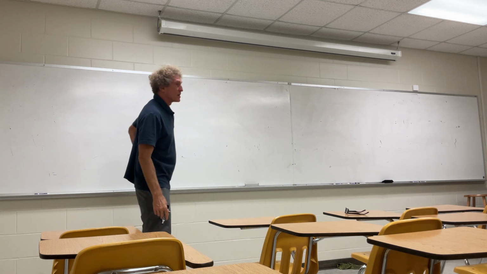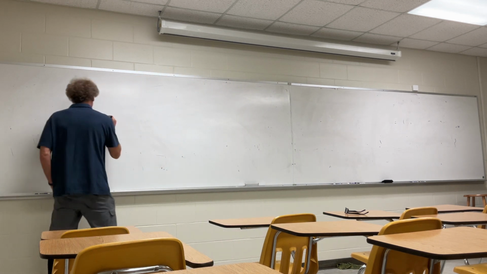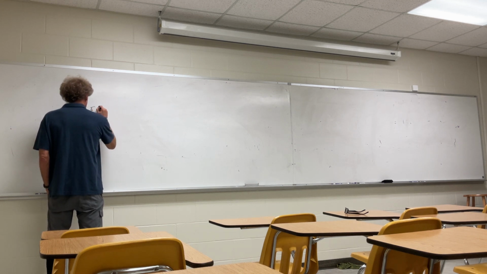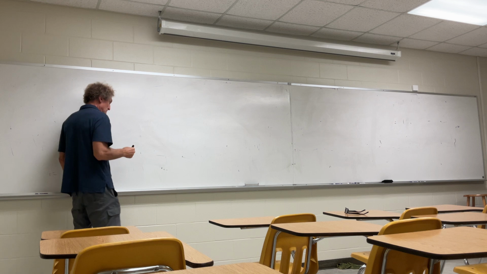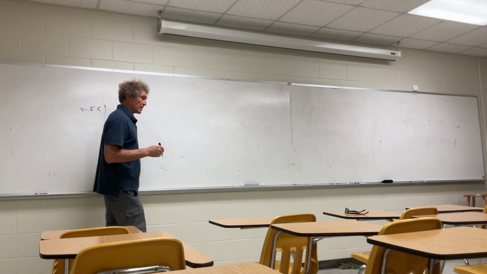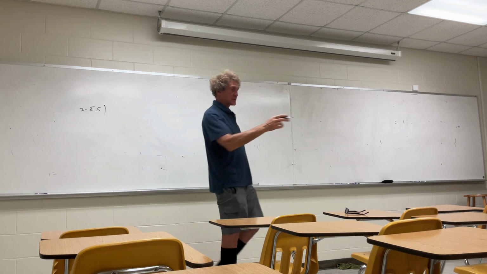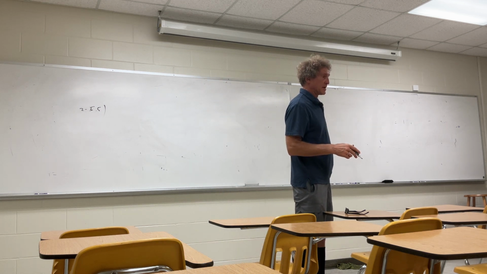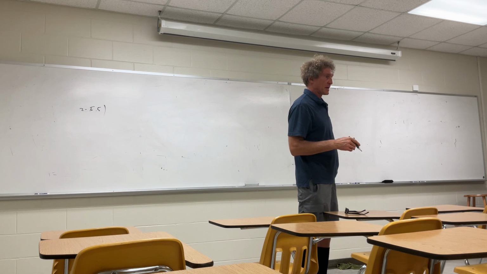Anyway, which problem is it? 2-5.5. It's really long. Well, hold on. He's got the book. Can you go to the problems in the back? Go the other way. Right in the back of the chapter. Keep turning.